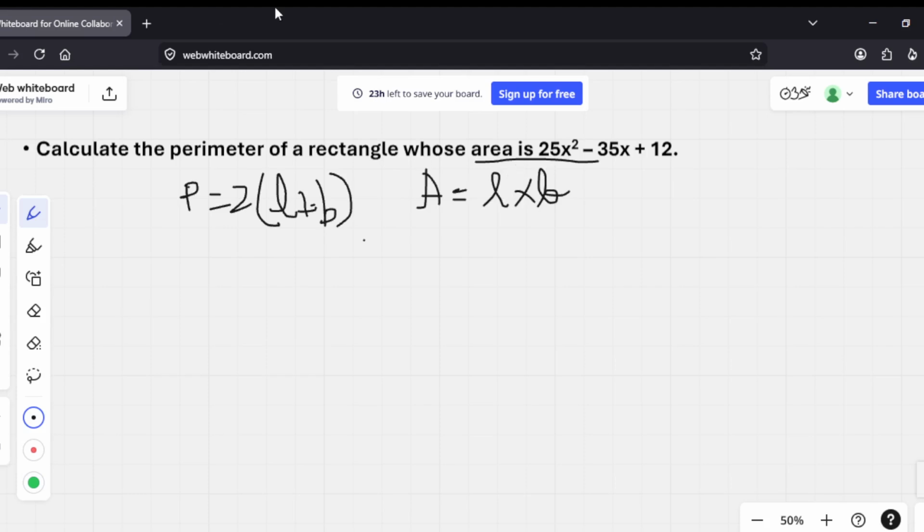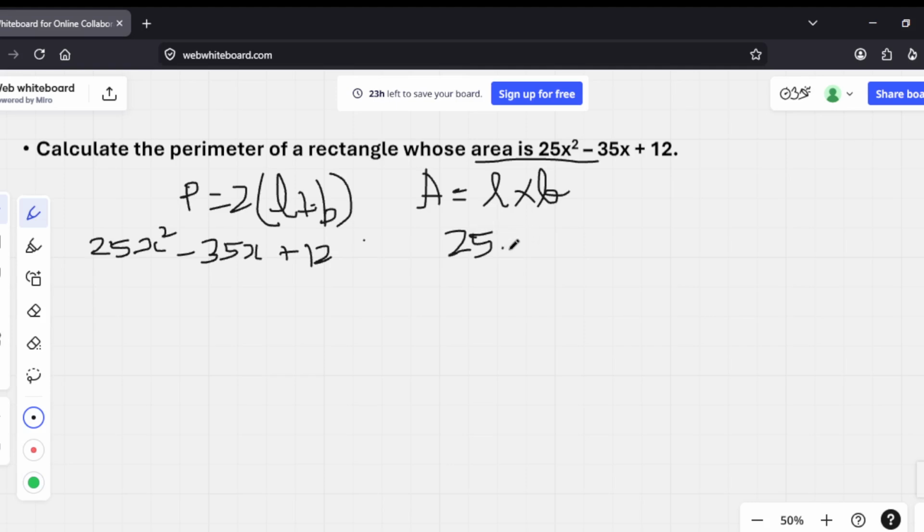Okay, we are given the area, so it is a quadratic expression, 25x square minus 35x plus 12. So whenever we are given a polynomial of degree 2, you take the constant and the coefficient of x square.